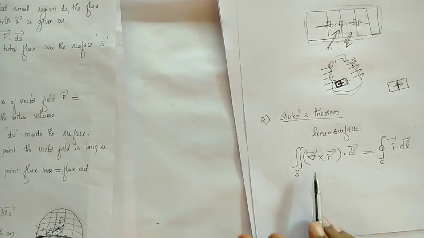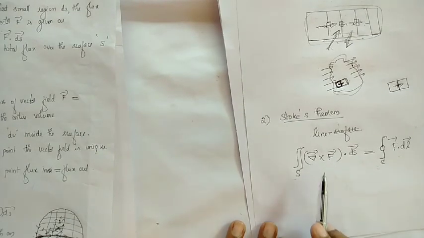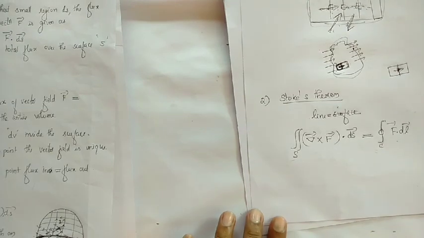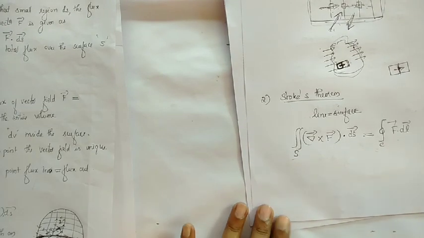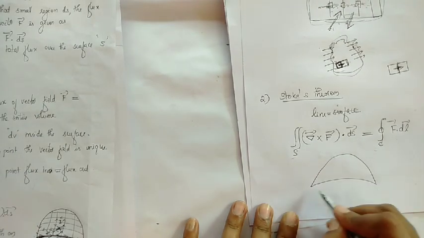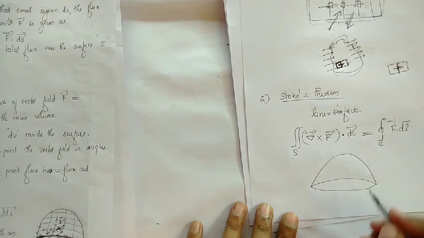What does it mean? What is its physical intuition that we are going to consider? For that, consider an inverted pot, an inverted pot like structure with its rim. The rim is here, that is an open surface.